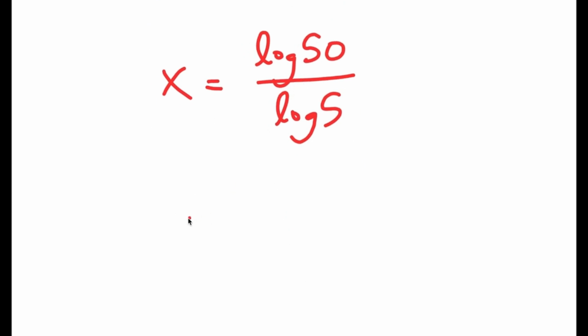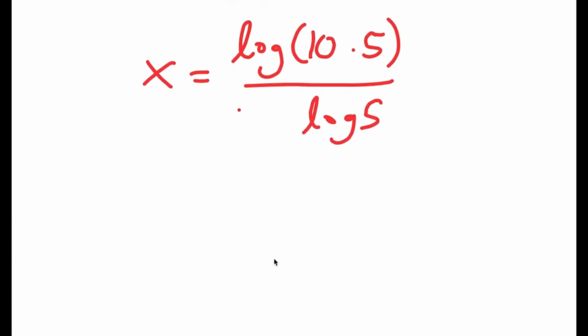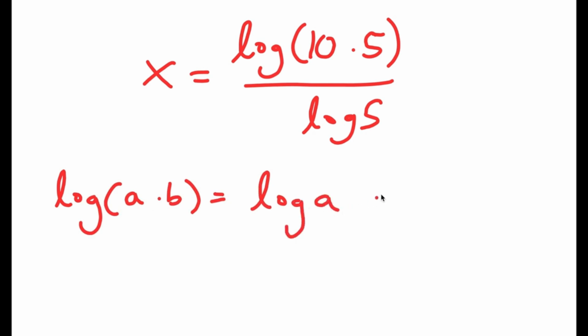So log 50 is the same thing as log of 10 times 5. Another property of logarithms is that if I have something in the form log of a times b, this is equal to log a plus log b.